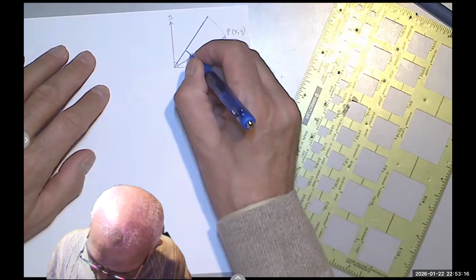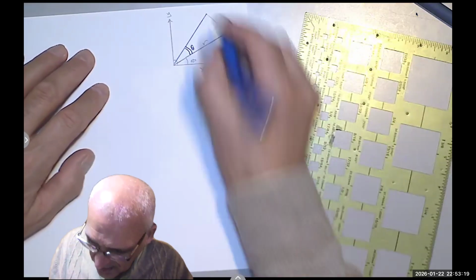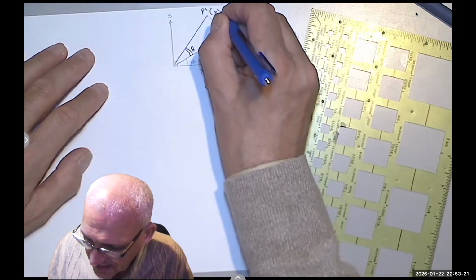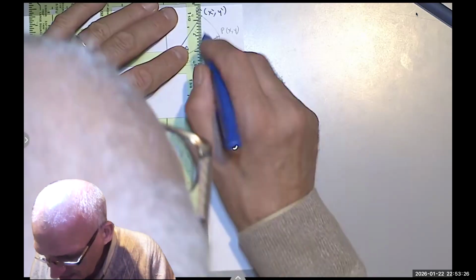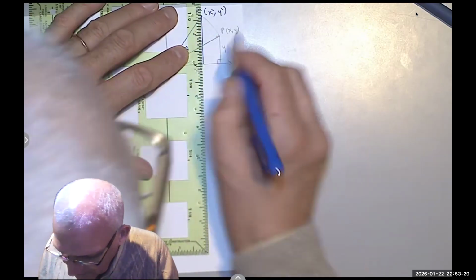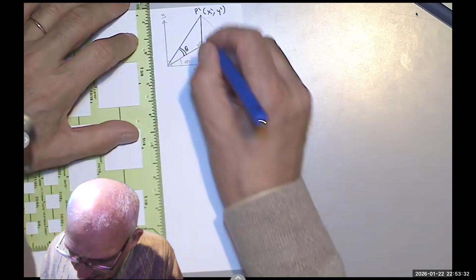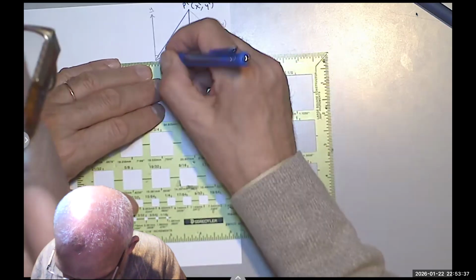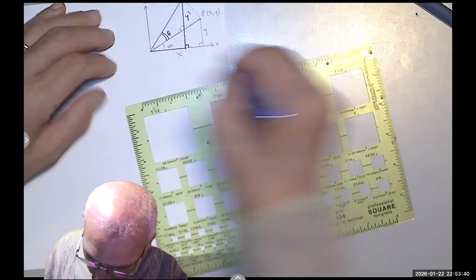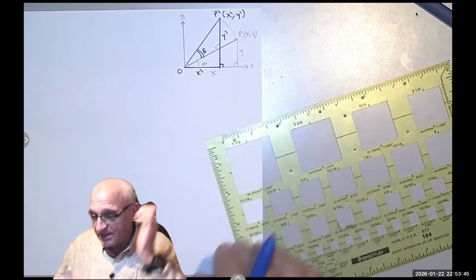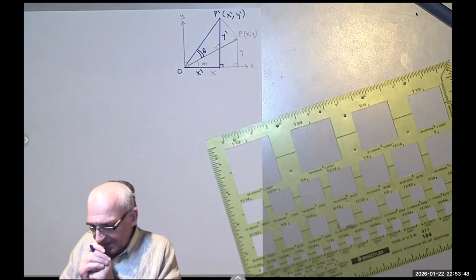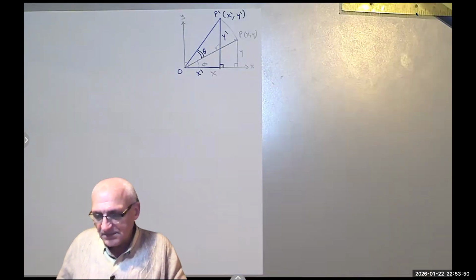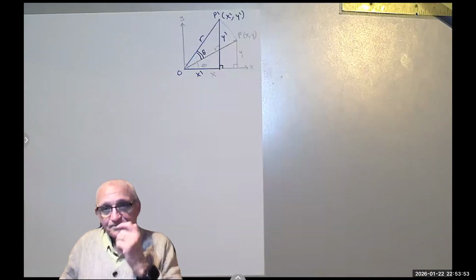And I'm going to say this angle is theta. This is P prime, with coordinates X prime and Y prime, which means that this height, which also has to be vertical here, is Y prime, and that is X prime. And that, of course, is the origin. So you can see the pencil versus the pen. And that, of course, is still R.